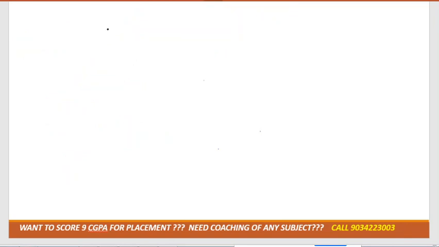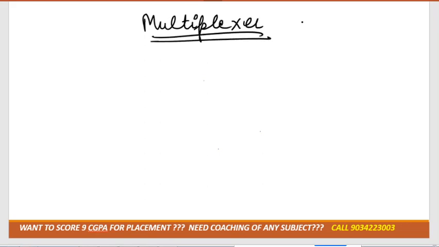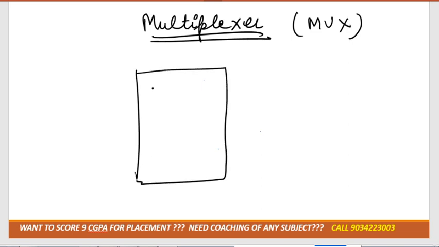First of all, we'll study the multiplexer, which is also known as mux for short. Suppose there is a room, and we have a number of entries into the room, like 1, 2, 5, 6, but only a single output.